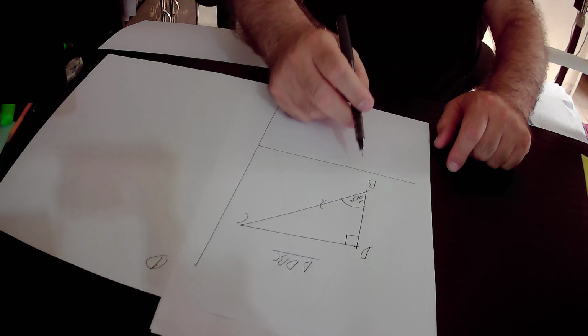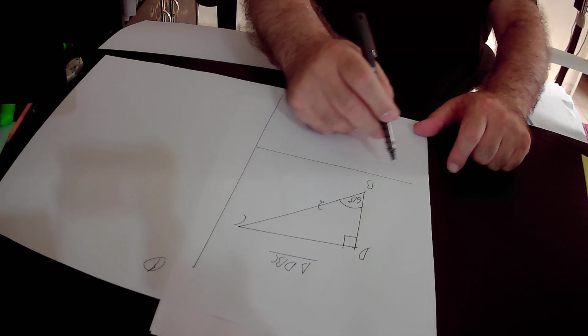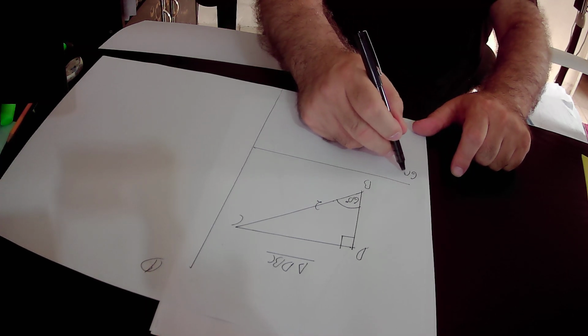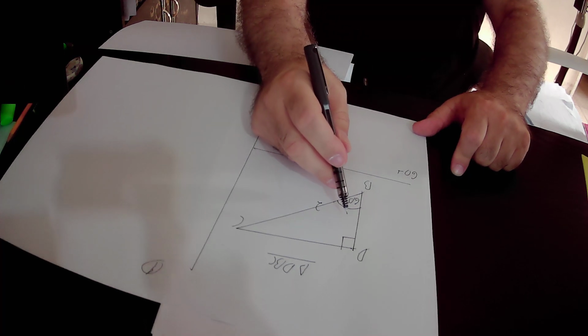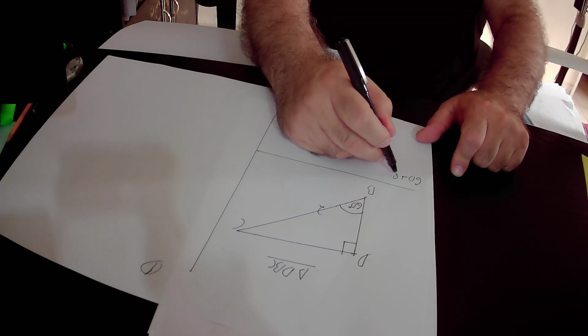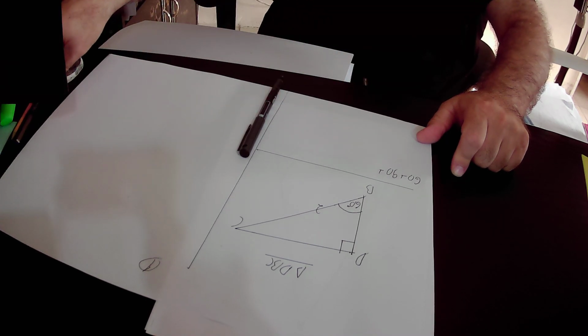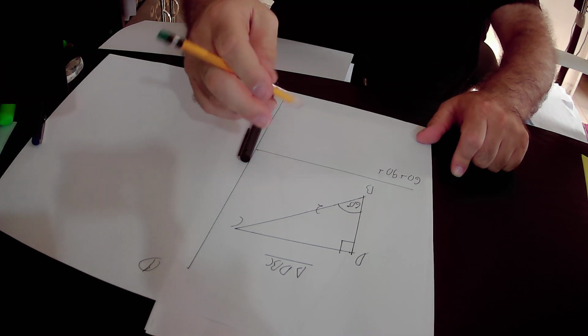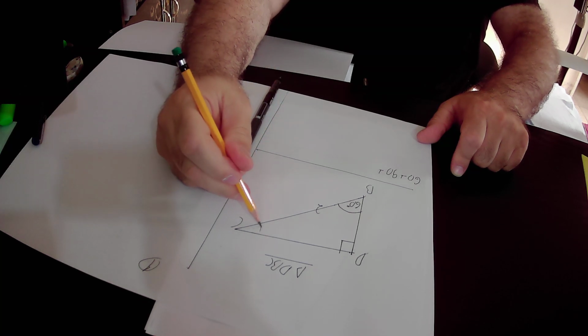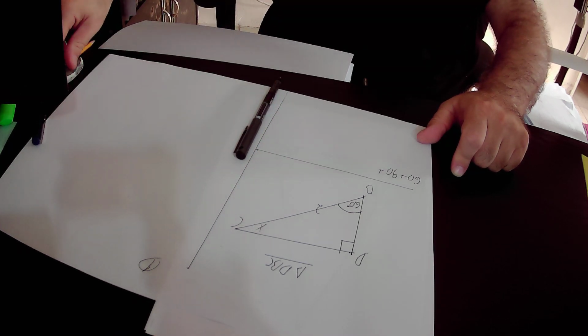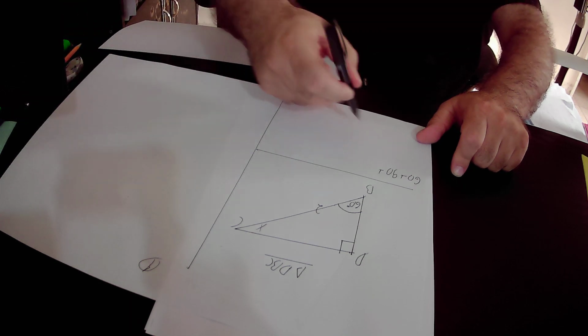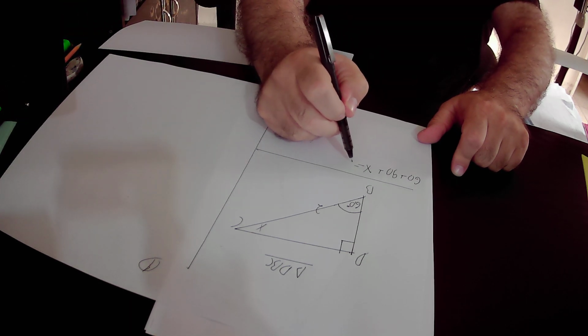So this angle equals 60 degrees, plus this angle that is equal to 90 degrees, plus the missing angle that we define as angle X. In total, the sum of those three angles must be equal to 180 degrees.